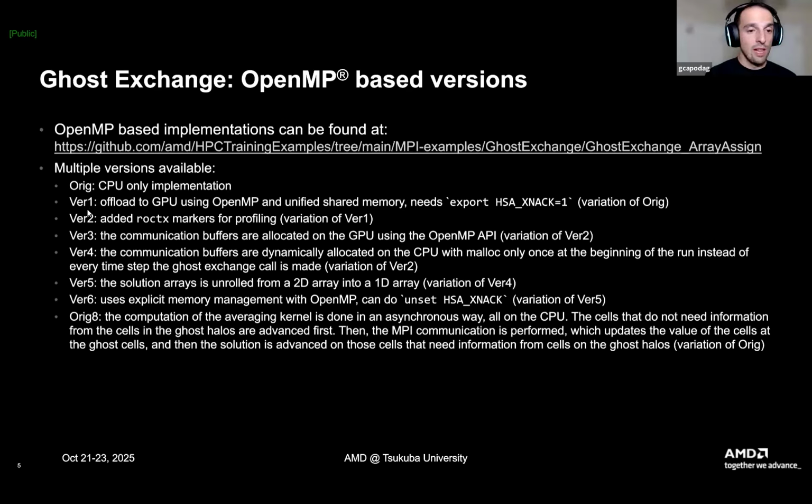And then we have 6 versions and a bonus one that I'll tell you about in a second. So for instance, version 1 is the version where we are using OpenMP to offload to the GPU, and we also use unified shared memory. This is kind of like to mimic what anybody that is running on CPU only might do with OpenMP to port to GPU.